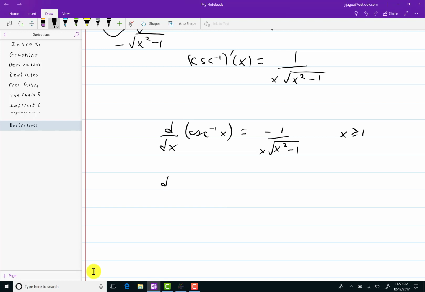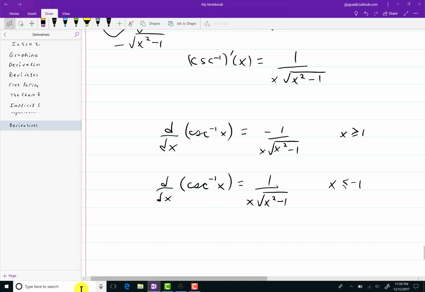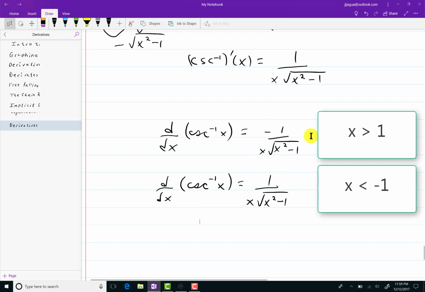And d over dx cosecant inverse of x equals positive 1 over x times the square root of x squared minus 1, this time when x is less than or equal to negative 1. So if x is positive, this is a negative number. And if x is negative, this is also a negative number.